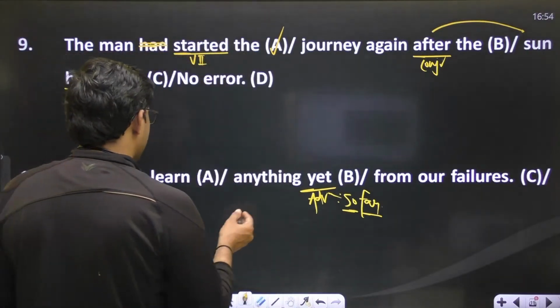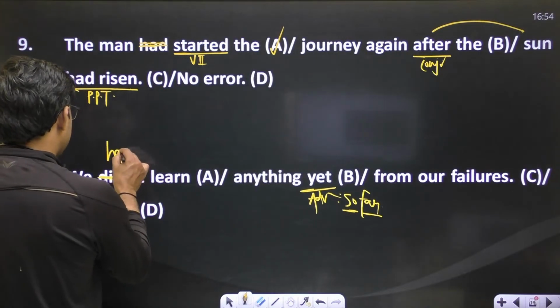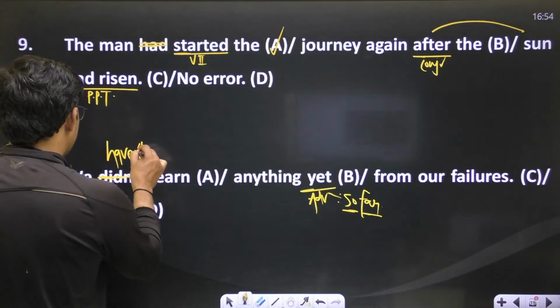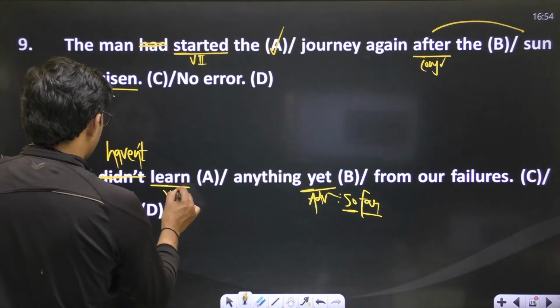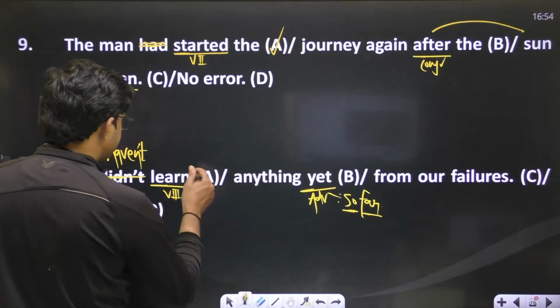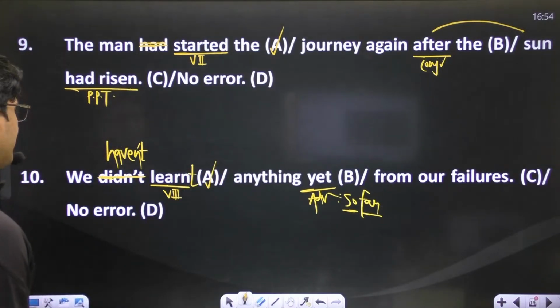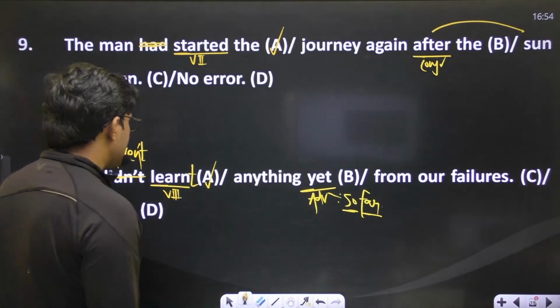So the sentence will be like, we have not, the third form will be what? The third form will be learnt. We have not learnt anything yet from our failures. So the error will be in part A.